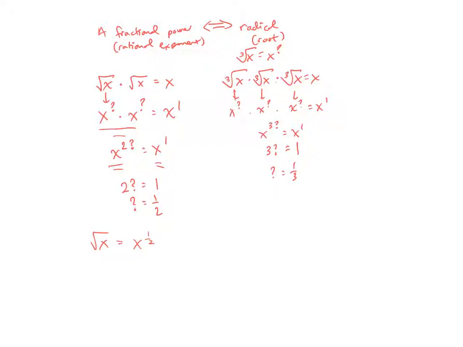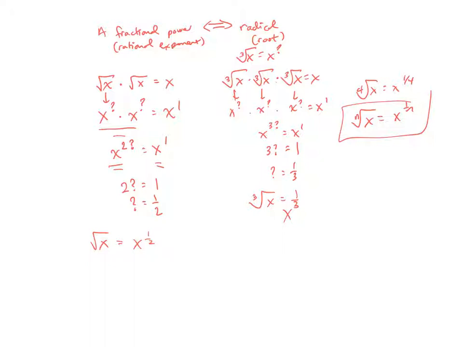So you see a square root of x is x to the 1/2. A cube root of x is x to the 1/3. That's really sloppy, but I think you get the meaning. So the fourth root of x would be x to the 1/4. So basically, any nth root of x is x to the 1 over n. So that describes at least some fractional exponents, ones with 1 on top.